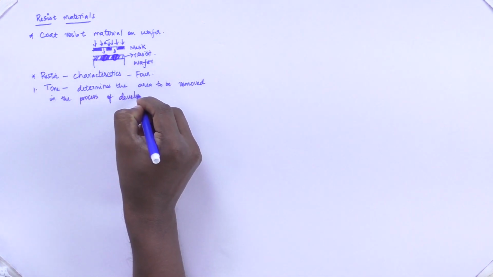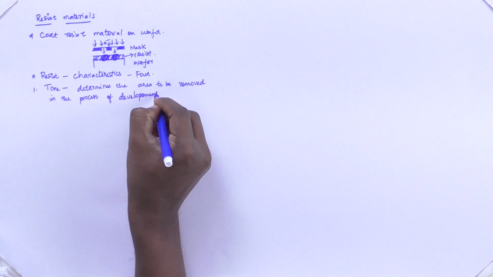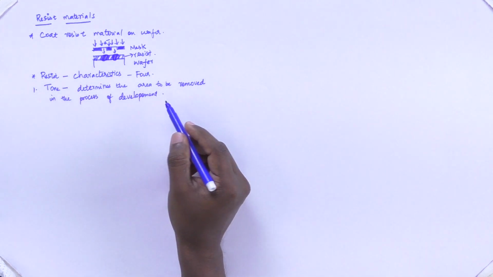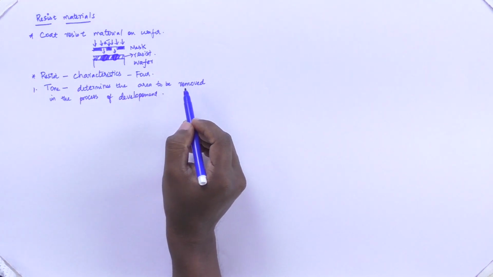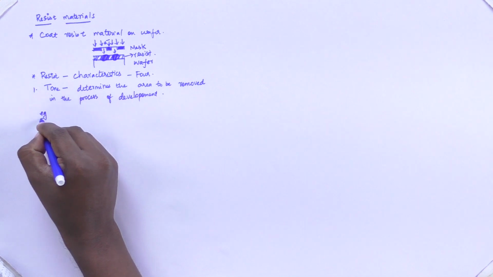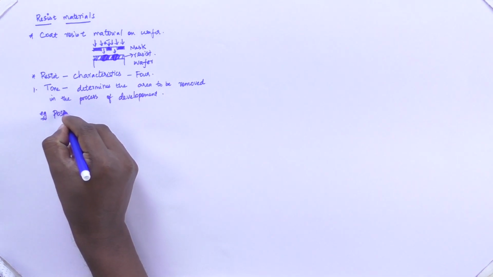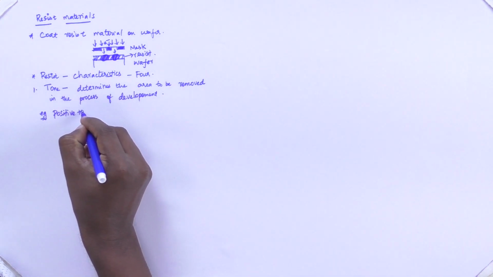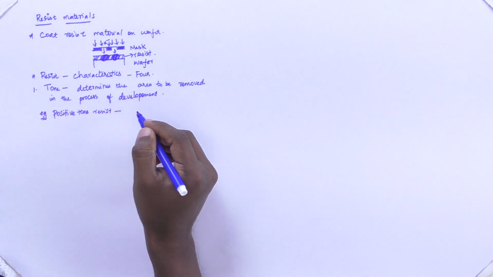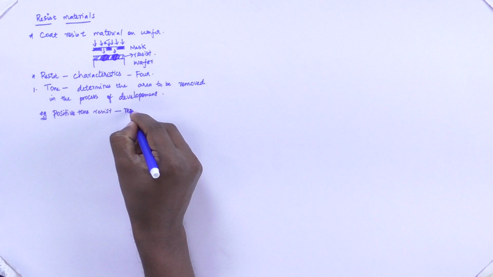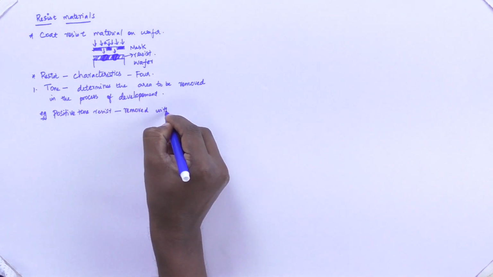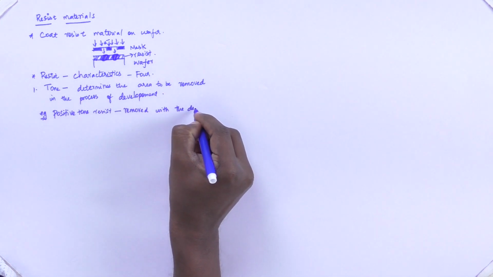When we say development, it means you subject that material to a developer solvent and then you see if it is removed or not. So the tone can be a positive one, which we call positive tone resist. If this is the case, it will be removed with the developer solvent.